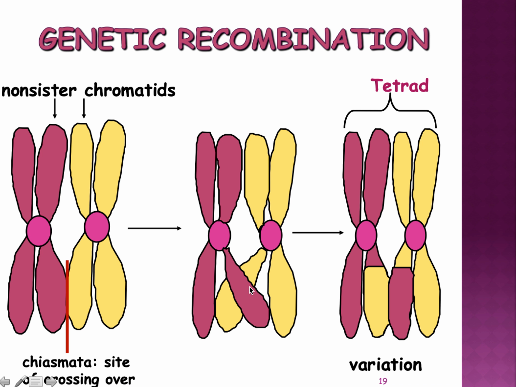And since they're homologous, nothing messes up, because they're still coding for the same stuff. That's why they can do that. Then you see a switch happening in the homologous chromosomes, and so boom, mom gave the hair color, let's say, and dad gave his hair color. That's how that works.